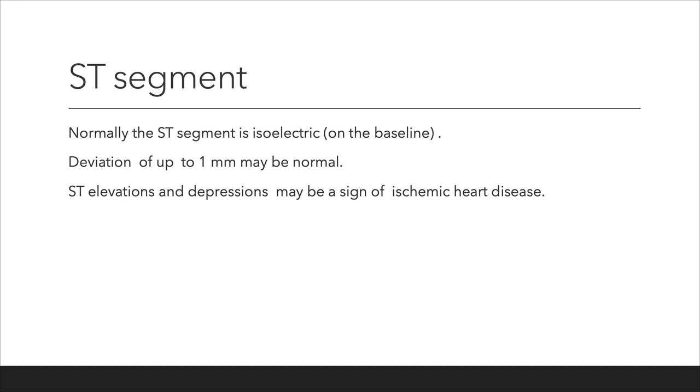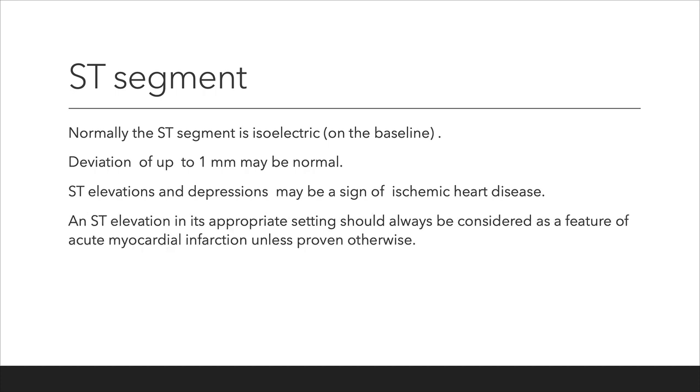In fact, in the emergency room, when someone comes with chest pain, we're often tempted to immediately look at the ST segment, because that's what usually indicates if this person is having an acute coronary syndrome. So an ST elevation in its appropriate setting should always be considered a feature of acute myocardial infarction unless proven otherwise.